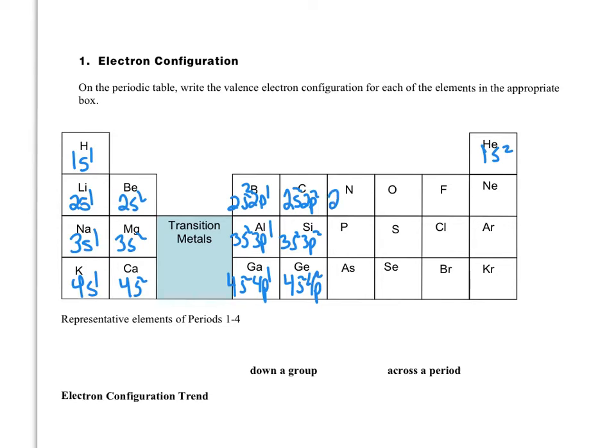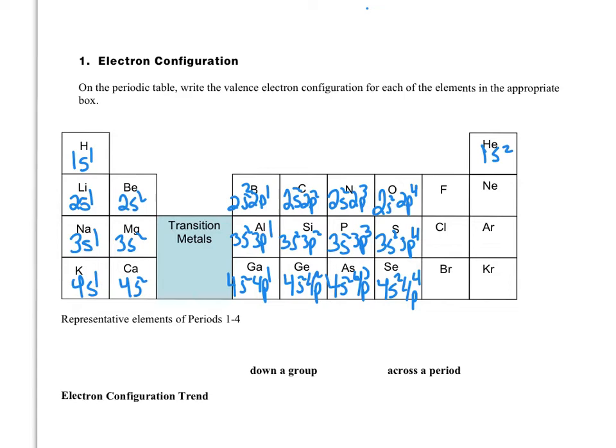Nitrogen is 2s2, 2p3, 3s2, 3p3, 4s2, 4p3. Oxygen is 2s2, 2p4, 3s2, 3p4, 4s2, 4p4.